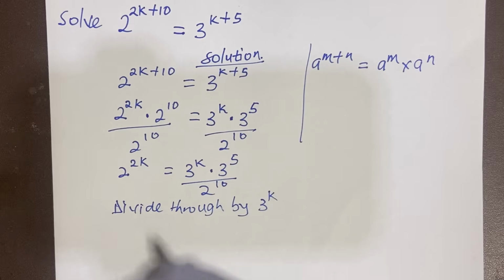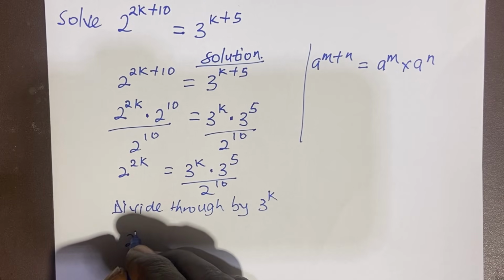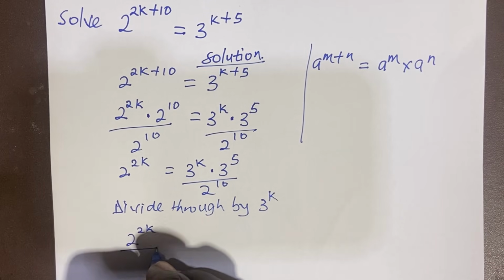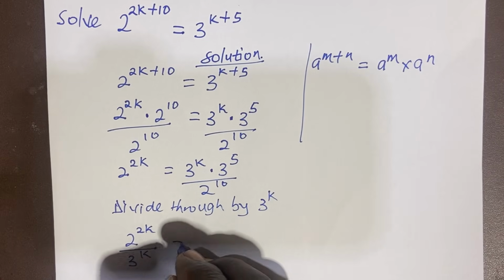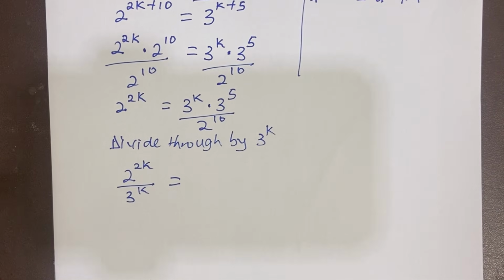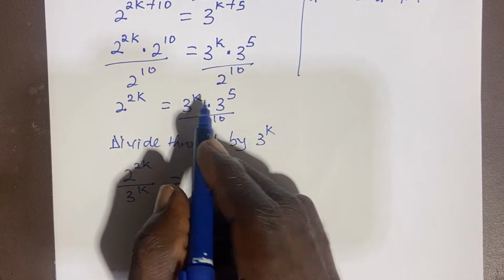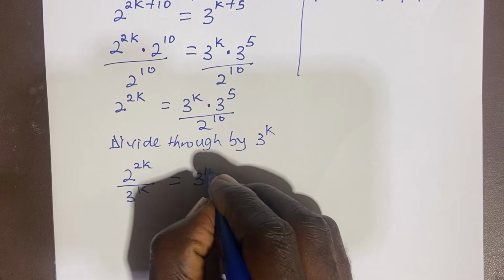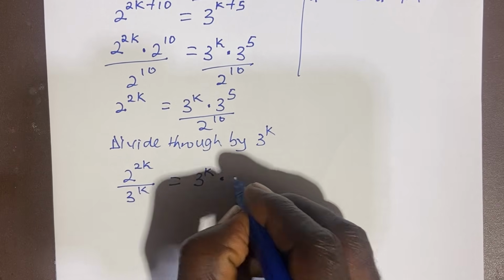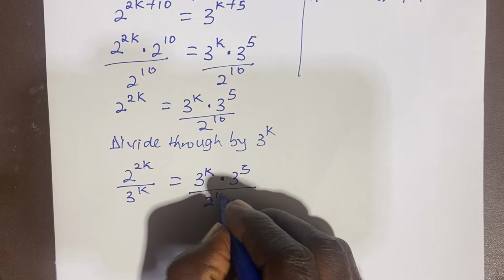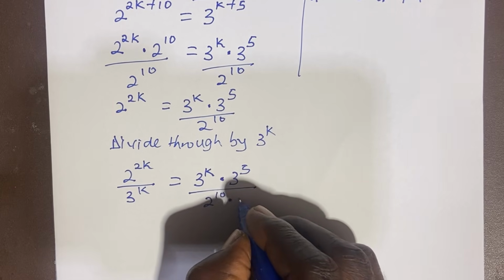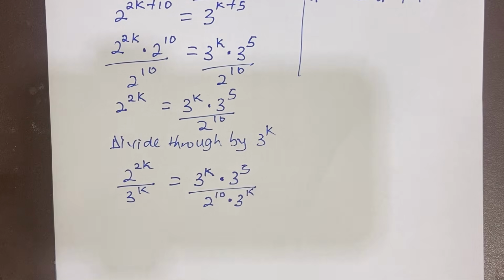Dividing this by 3 to the power k means I have 2 to the power 2k all over 3 to the power k, then equal to 3 to the power k multiplied by 3 to the power 5 all over 2 to the power 10, then multiplied by 1 over 3 to the power k.